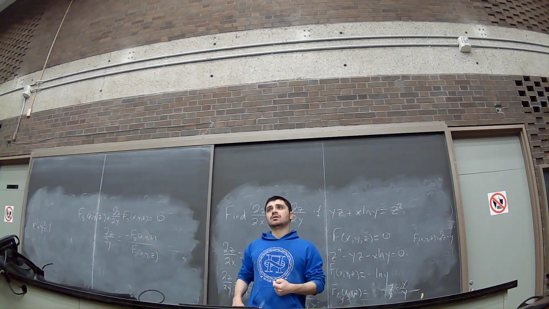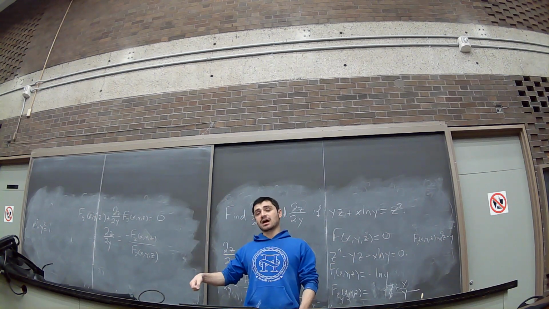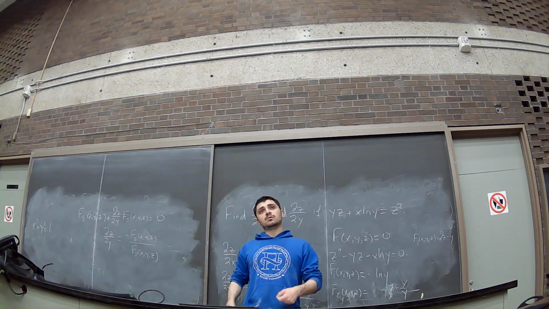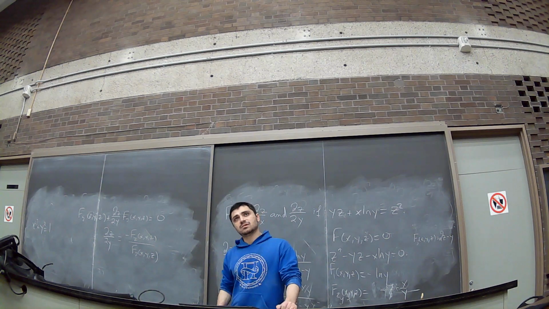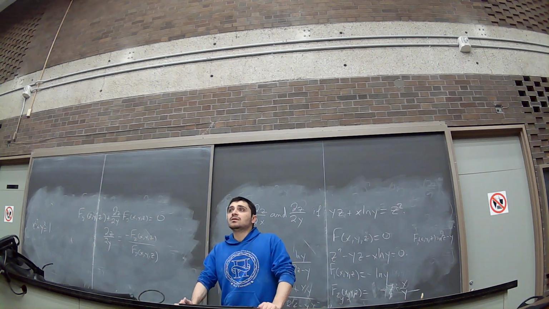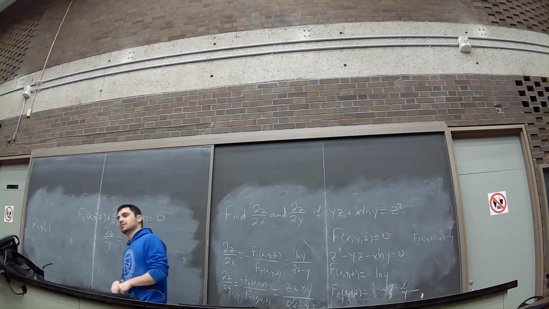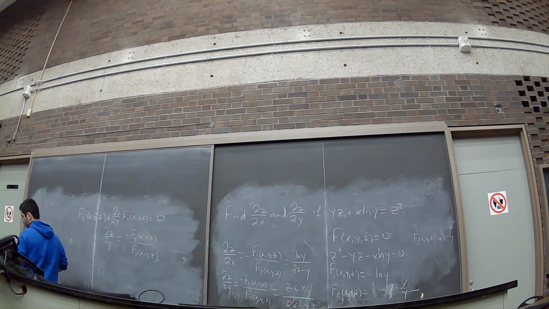Do you agree or not? So what can you do? If you can find y prime at x equals 0, and y at x equals 0, in quotation marks, because y is not an explicit function of x.